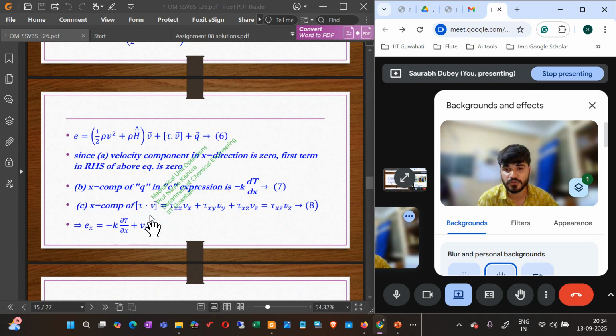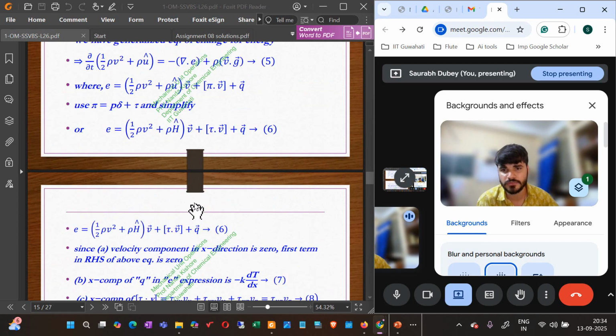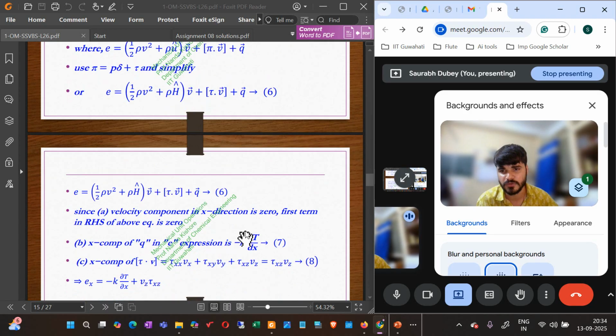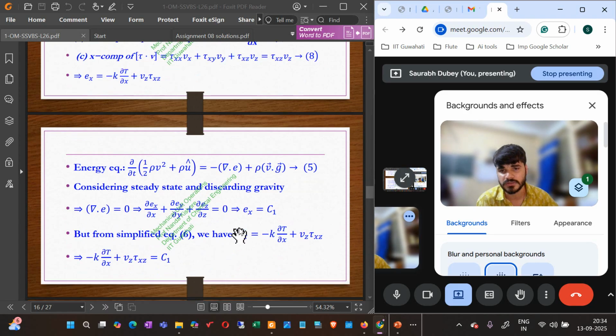So ex you can calculate, only ex will be existing, ey and ez will be 0. So ex is what? q is minus k dT by dx plus vz, this, and this term becomes 0, right? And this entire first term becomes 0, because it is a function of what? The velocity.